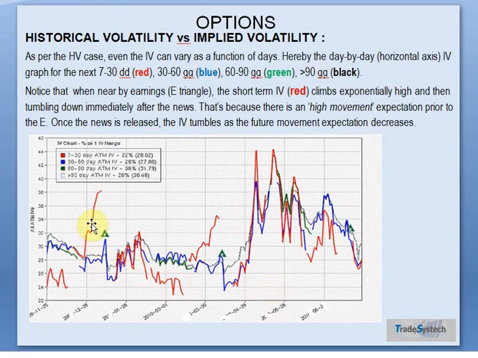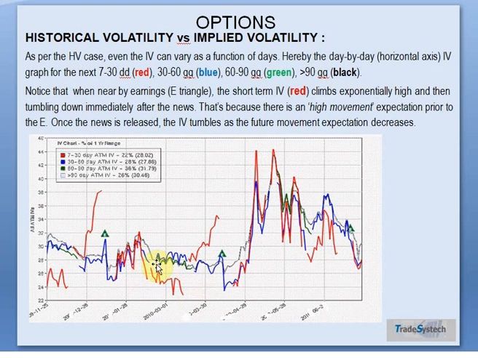You may notice that when there is an important event such as earnings, you see here in this green triangle where you see the E letter, the short-term IV, the red line, climbs exponentially high, and after the event, it tumbles down immediately after the news.